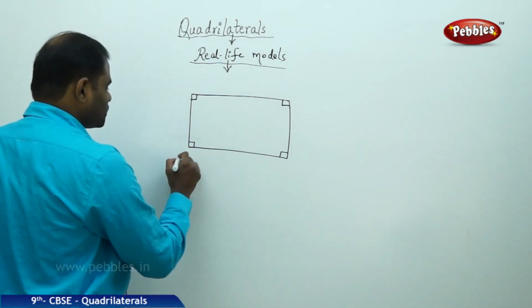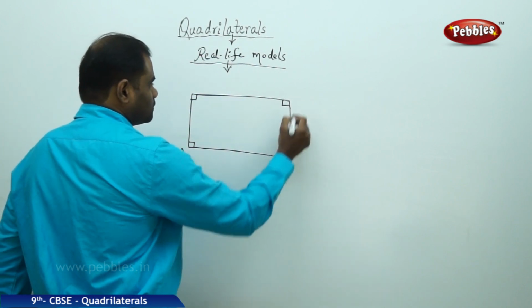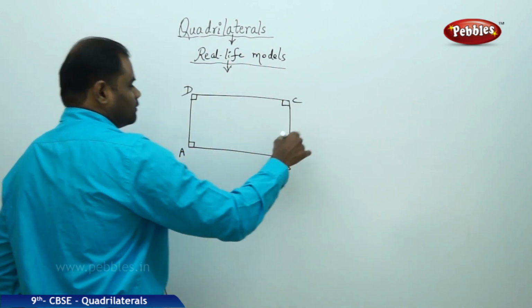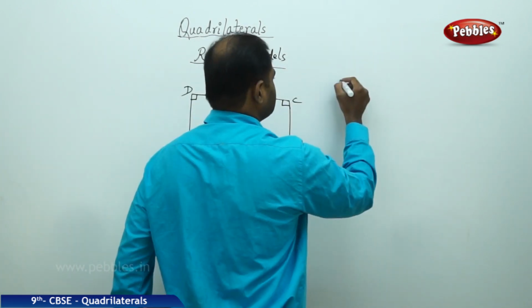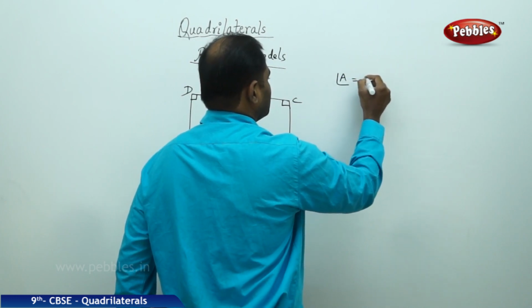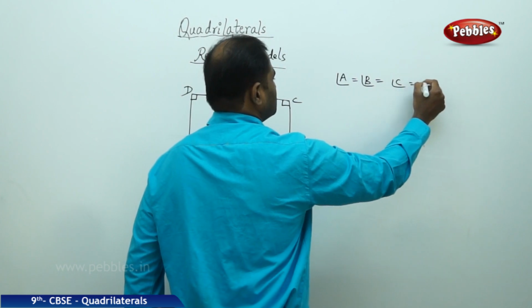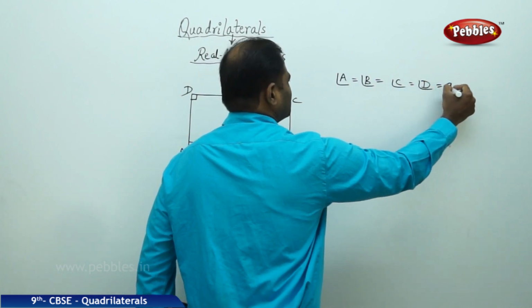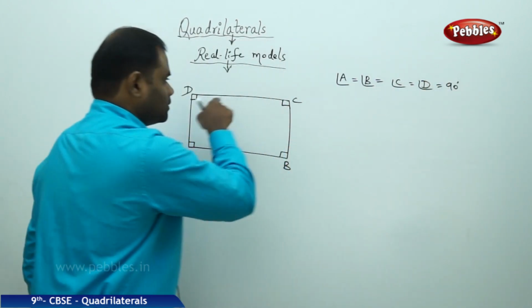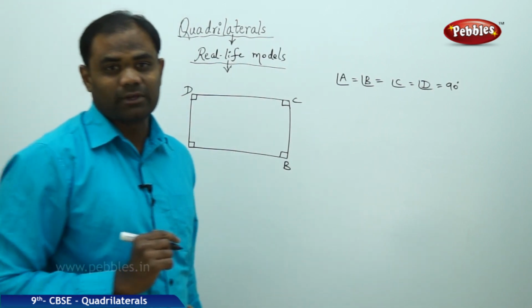So the second thing I observe is that, let me write here, angle A, angle B, angle C and angle D are all each equal to 90. That is my first observation.